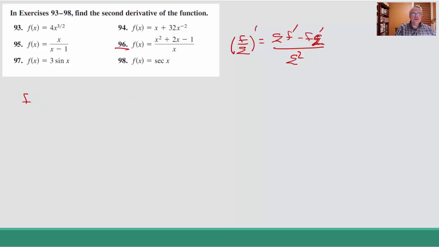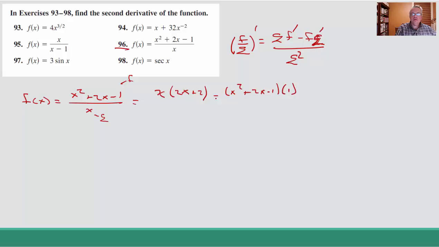We have f of x equals x squared plus 2x minus 1, all divided by x. So in the quotient rule, the numerator is f and the denominator is g. So we get g times f prime minus f, which is this big mess, times g prime, which is 1, all divided by g squared, which would be x squared.